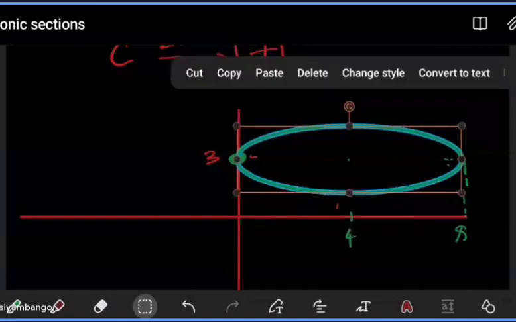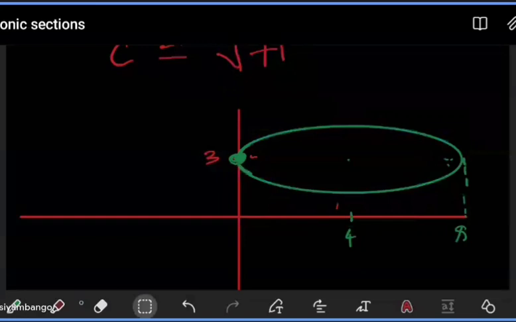To figure out how thick it is, I now need to understand the displacement from the center. How far down do I have to move before I reach the minor vertices? And how far do I have to move to reach the upper one? Now to do this, this is where I'll use B, because that distance is B and this distance is B. But notice that it affects the Y value of the center.